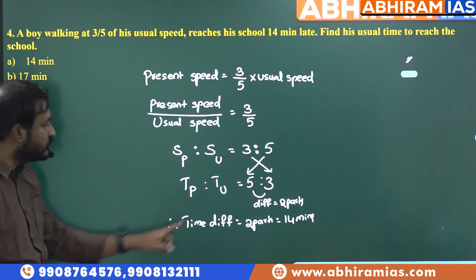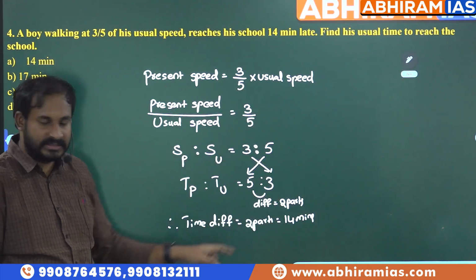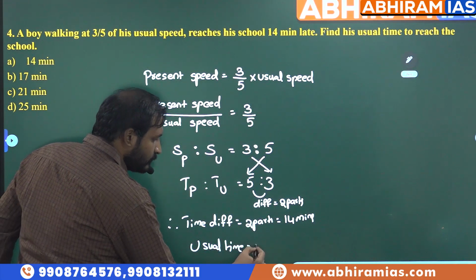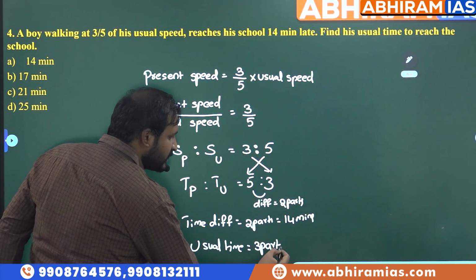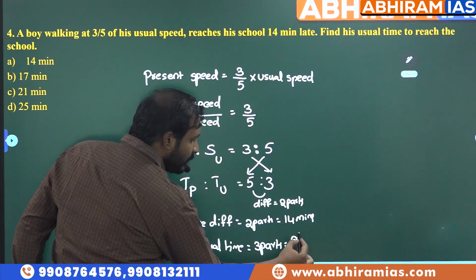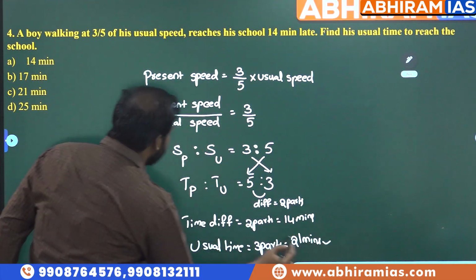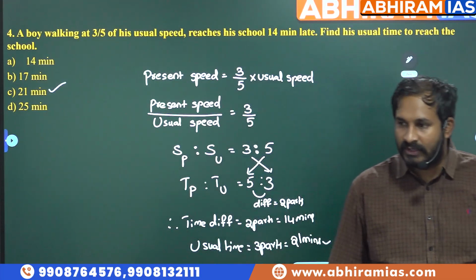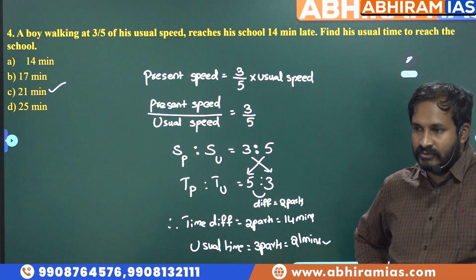Find his usual time. Usual time is how many parts? 3 parts. 2 parts 14 minutes means 1 part 7 minutes. Then 3 parts will become 21 minutes. He takes 21 minutes to reach his school usually.